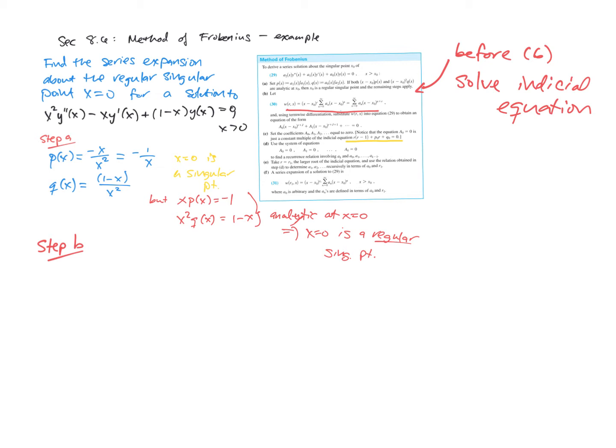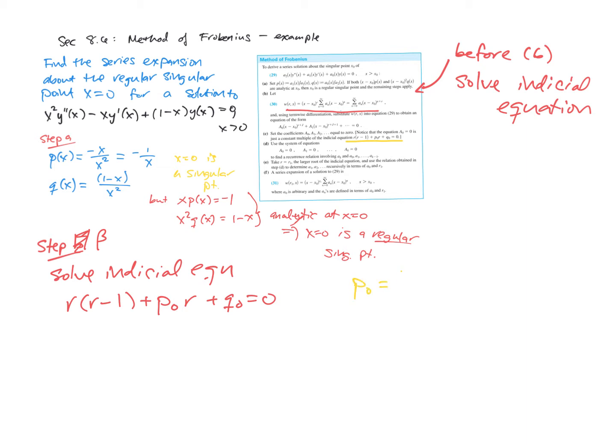So I don't know what to call this. Let's call it step B. I have no idea. We'll call it step beta. Sure. So we're going to solve the indicial equation, which I'll write out. So this is the equation, but what are P naught and Q naught?